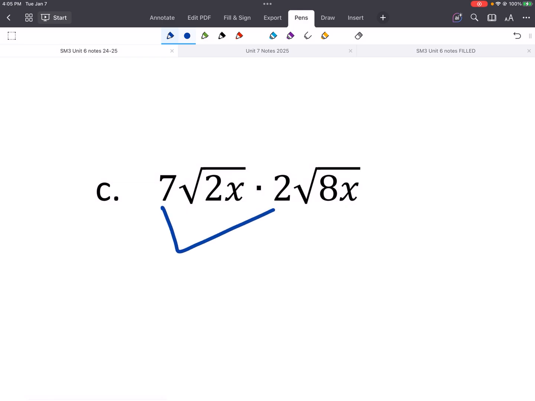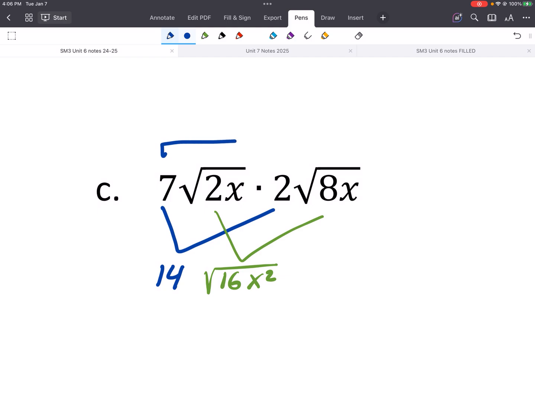We can multiply the 2 and 7 to give us 14. And then when we multiply these together, again, the square root has to stay, but we would end up getting, not 4, we would get 16, and x times x is x squared. And we can actually simplify those pretty good.